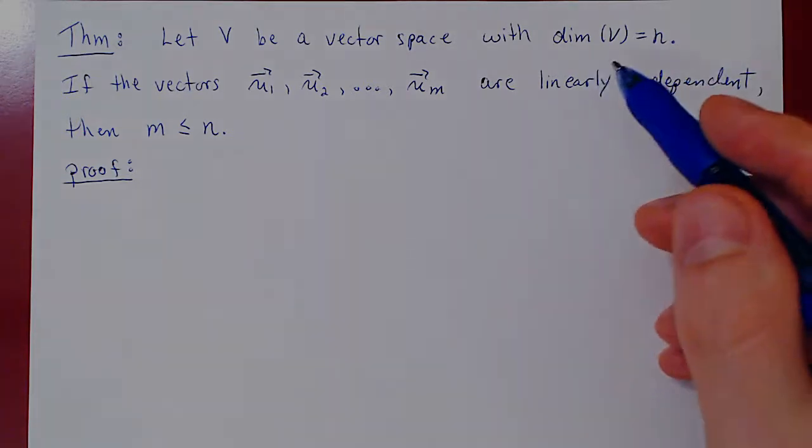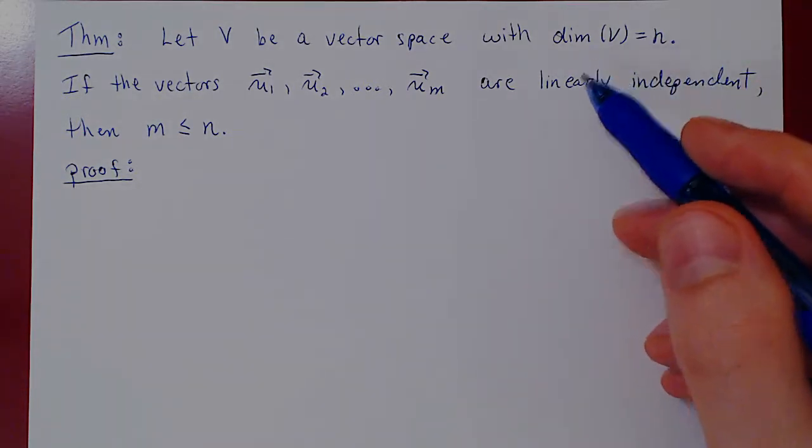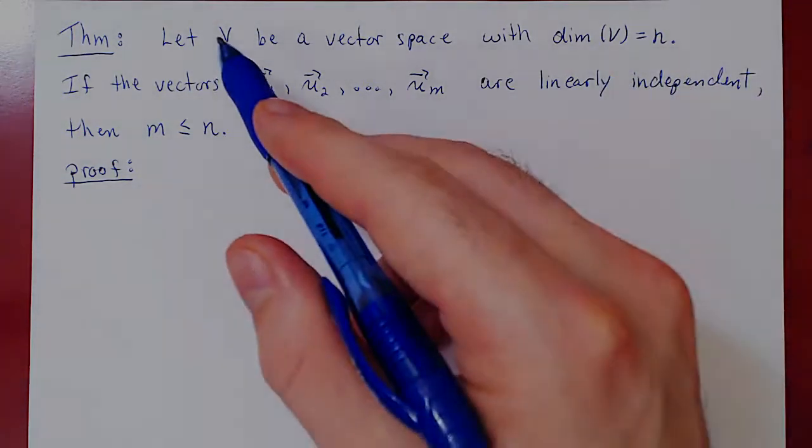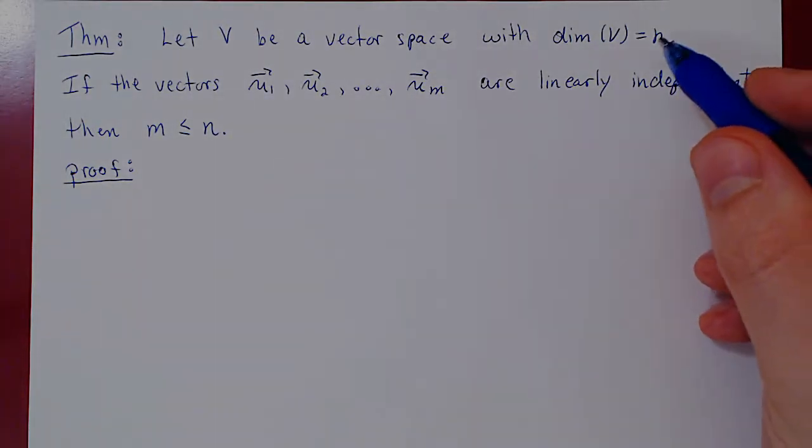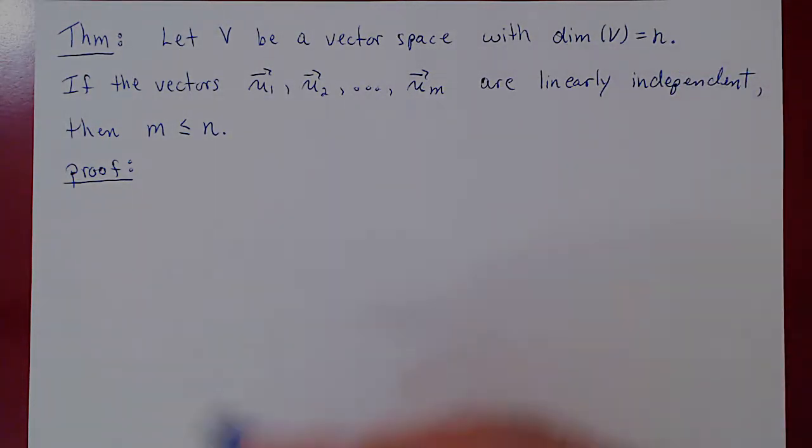So let's see, we have an n-dimensional vector space, therefore we can take a basis of V that contains exactly n linearly independent vectors.